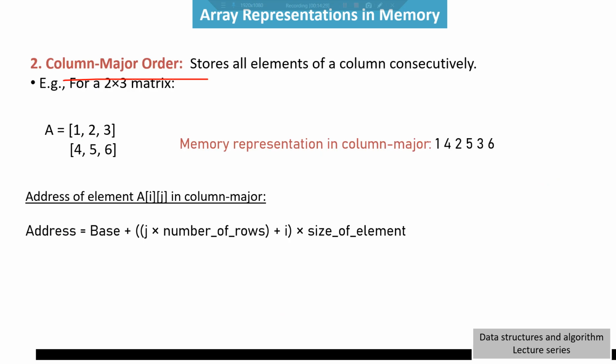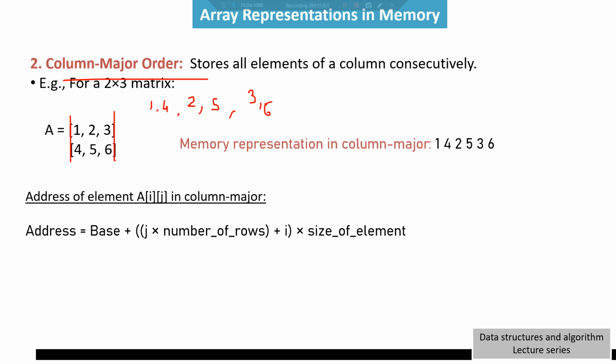The next representation is column major order. It stores all elements of a column consecutively. You can see the same matrix is represented in memory column wise. First of all, starting with 1, then comes 4, then 2, then 5, then the third column, 3 and 6.